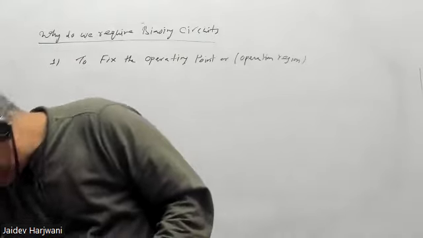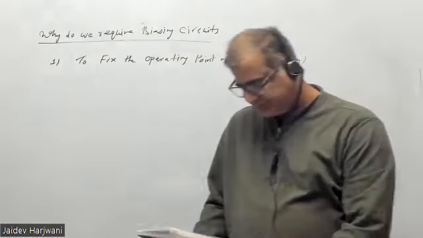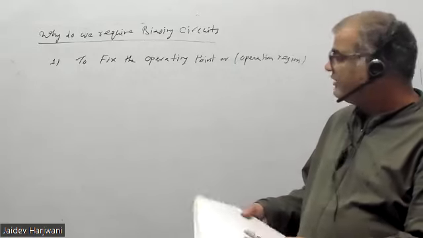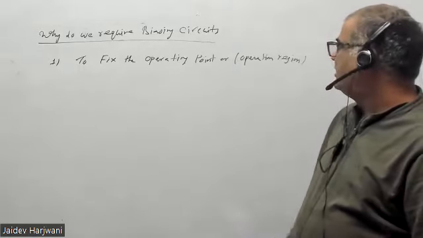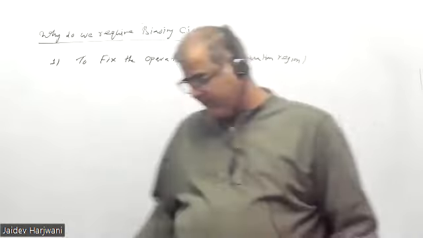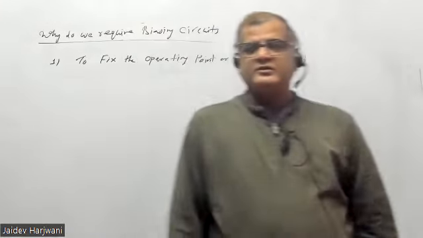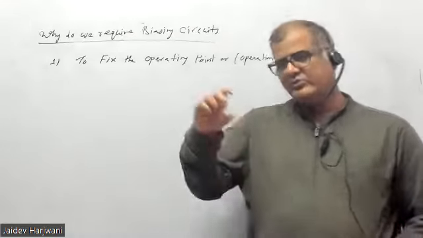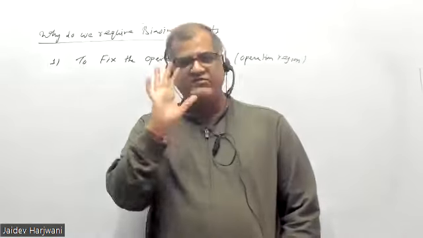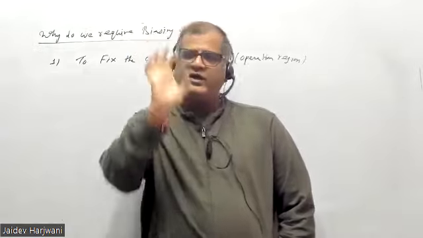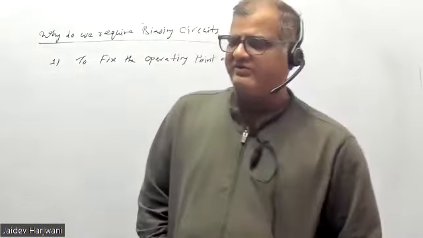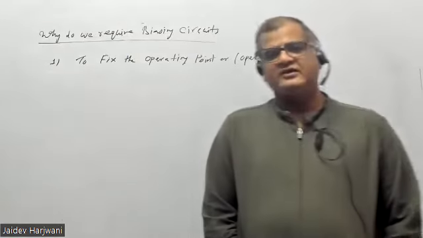So this is the first requirement, to fix the operating point. But if you apply two batteries, that will make sure your operating point is fixed. However, there are some experimental factors also, like temperature.